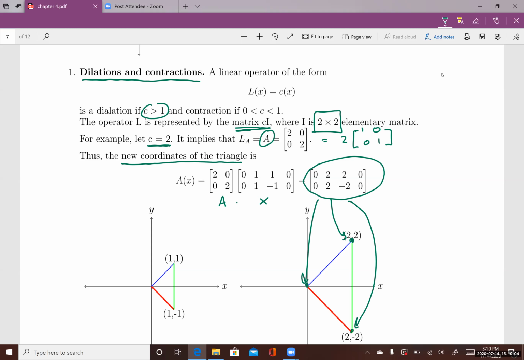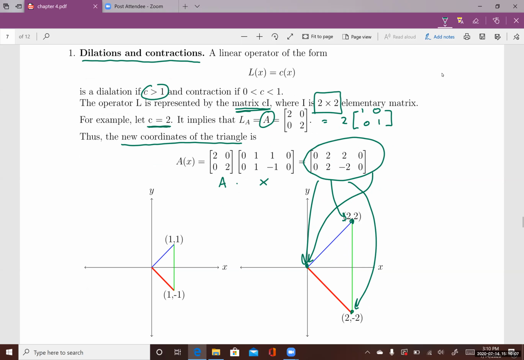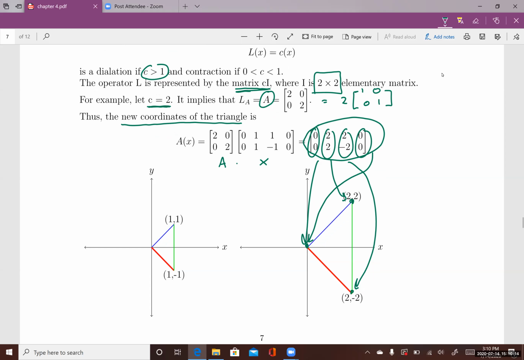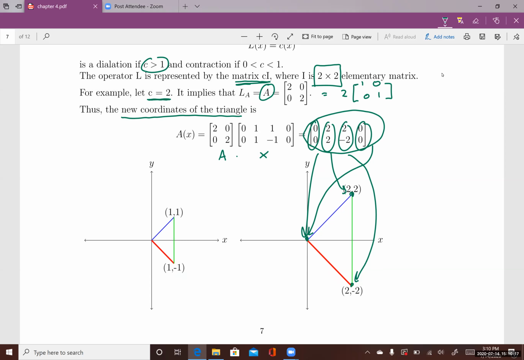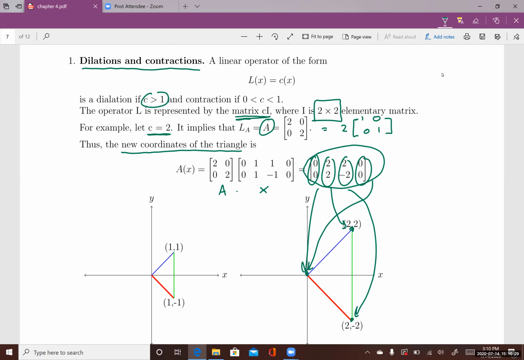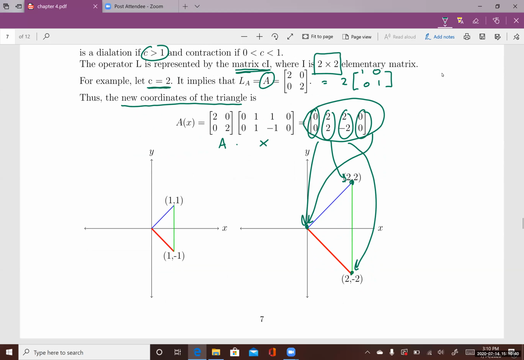And this is just the first one again. As you can see, you dilate this original triangle by 2 times, just expand it 2 times. And again, if you want to contract it, you set c in between 0 and 1, so you make it a smaller triangle.